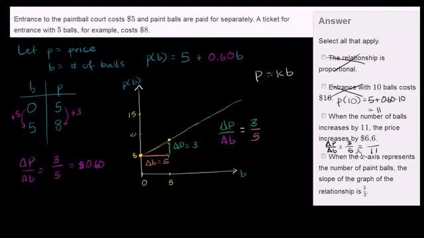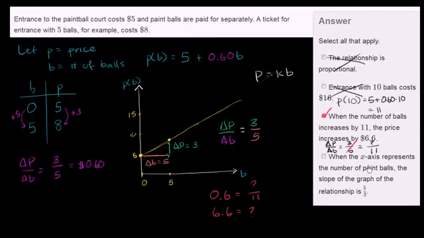So 3/5 is equal to what over 11? 3/5 is the same thing as 0.6. So 0.6 is equal to the price change over 11, I'll just write that as a question mark over 11. You multiply both sides by 11, you get 6.6 is equal to question mark. So this is absolutely true. The price increases by $6.60 when the number of balls increases by 11. So this one right over here is absolutely true.